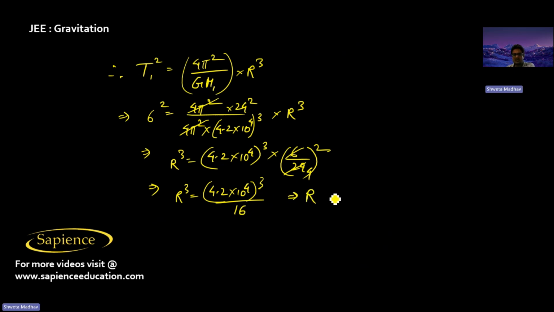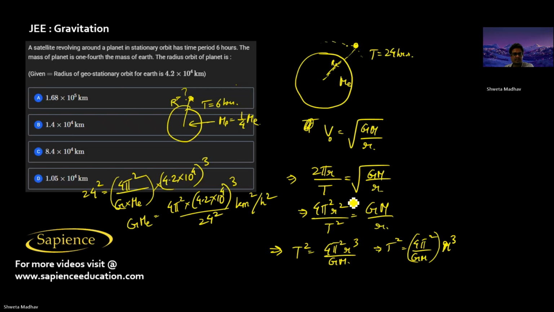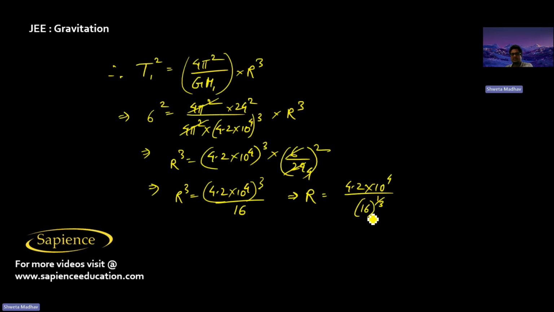It means that R will be equal to 4.2 into 10 power 4 divided by cube root of 16, that is 16 power 1 by 3. So now 3 3s are 27, 3 of 4 is 8.